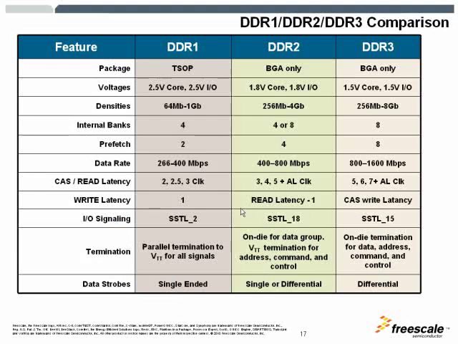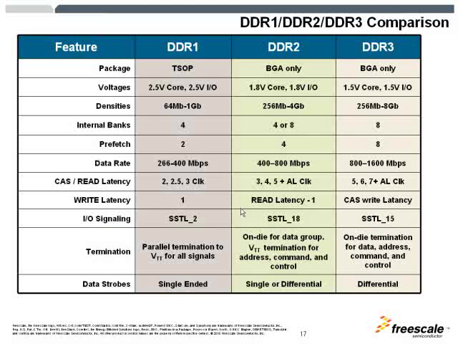The diagram here displays a quick comparison between all the DDRs, DDR1, 2, and 3. The package type has moved to BGA only. The voltages have reduced going from one generation to another. The densities have increased. The number of banks have increased.